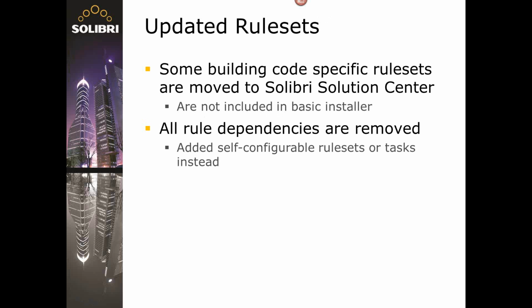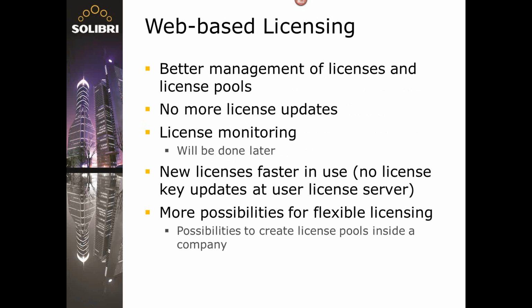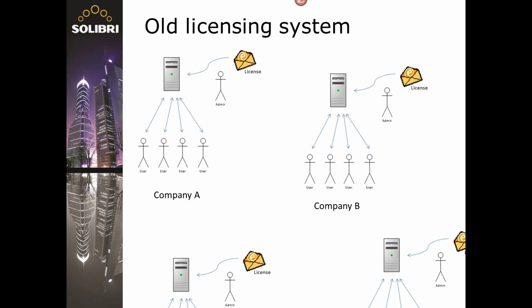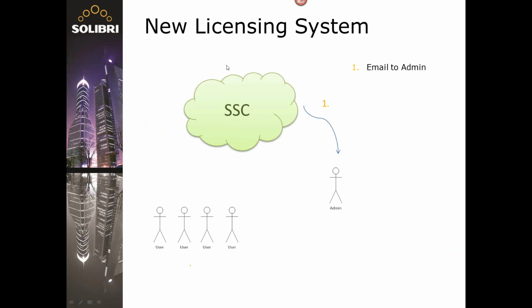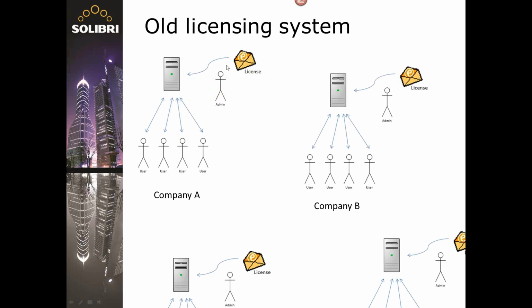So in fact, this comes to the Solibri Solution Center. There are two things in Solution Center right now, later on more. First of all, the licensing system has been totally changed. Let's say this is the old licensing system. We have one company, they have their license server, and they have the users and some administrator.